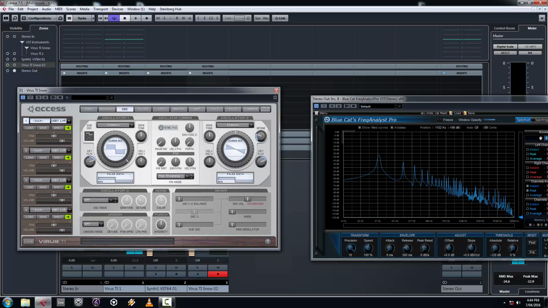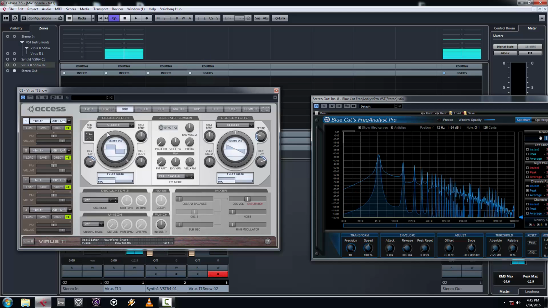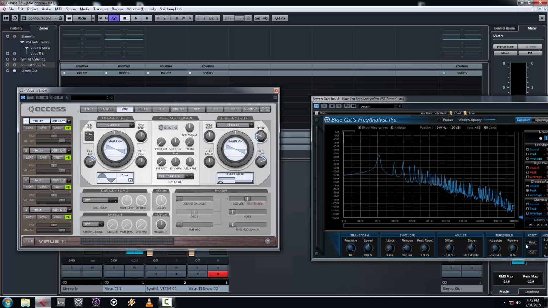That's how people will say it's a hollow sound with a square wave, and you want to know why? If I switch between these two, there's the square. The cool thing about the Virus is I can fade between these. So there's the square, and there's the saw.